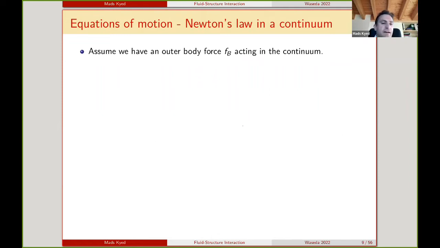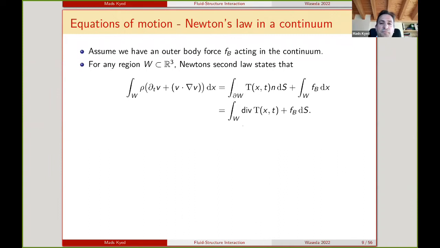Well, not quite. I just write Newton's law in a continuum, which we have all the ingredients to do at the moment. Let's consider some virtual region in our continuum and write Newton's second law. So mass times acceleration is equal to the total force that acts upon this region.